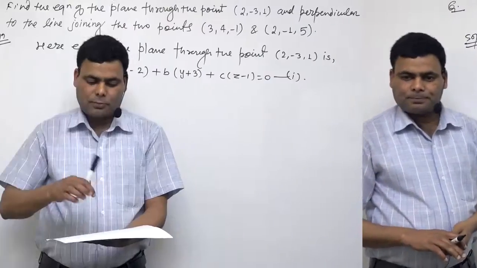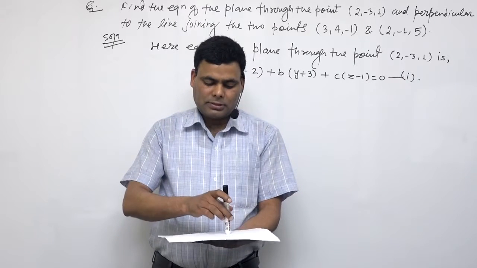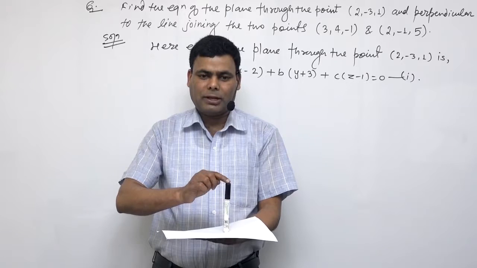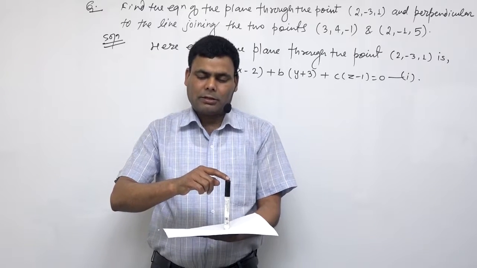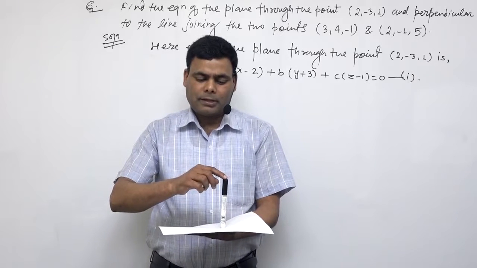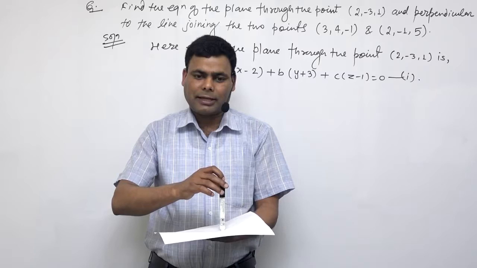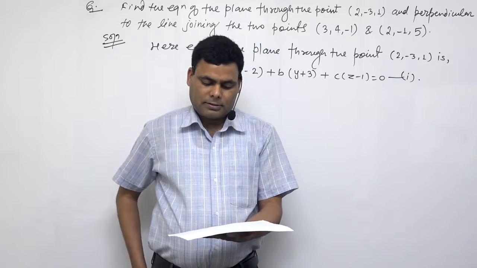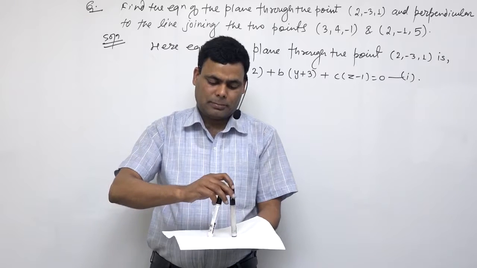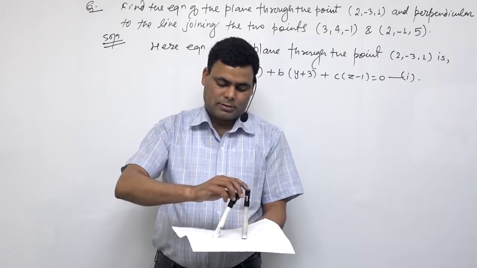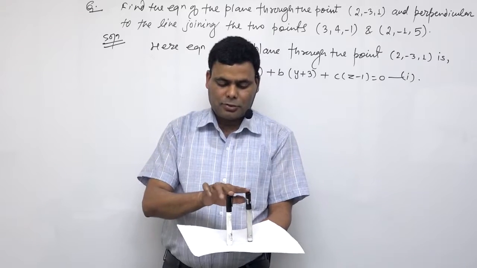Now suppose that this white paper is a plane and this marker is the normal of this plane. Now we have to prove that this plane is perpendicular to the line. Suppose this is the normal and this other marker is in this way.